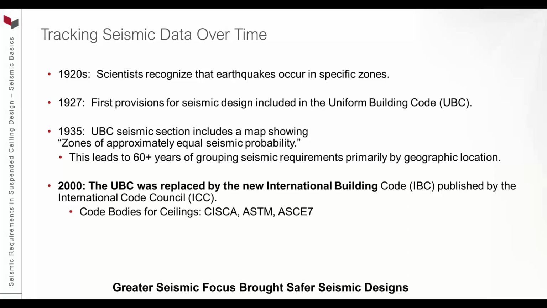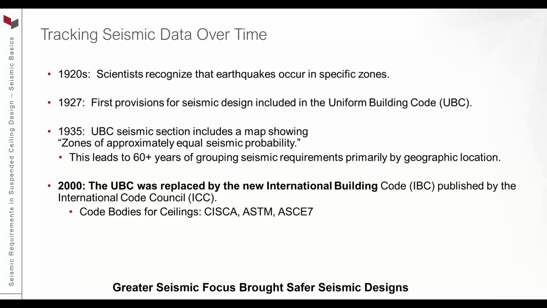And so the scientists have recognized that we have these earthquakes all over the globe. And so they started putting data together in the 20s and recognizing we need to have some sort of defense or building to where we can stand up and survive some of the seismic events.